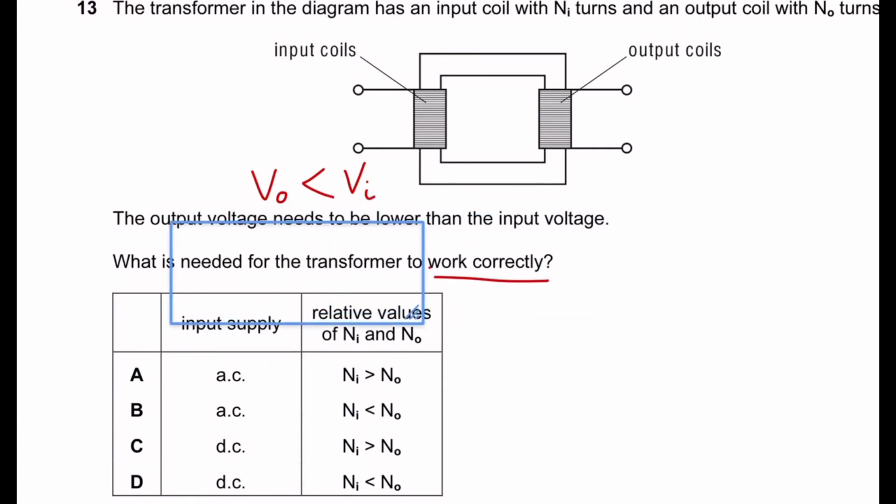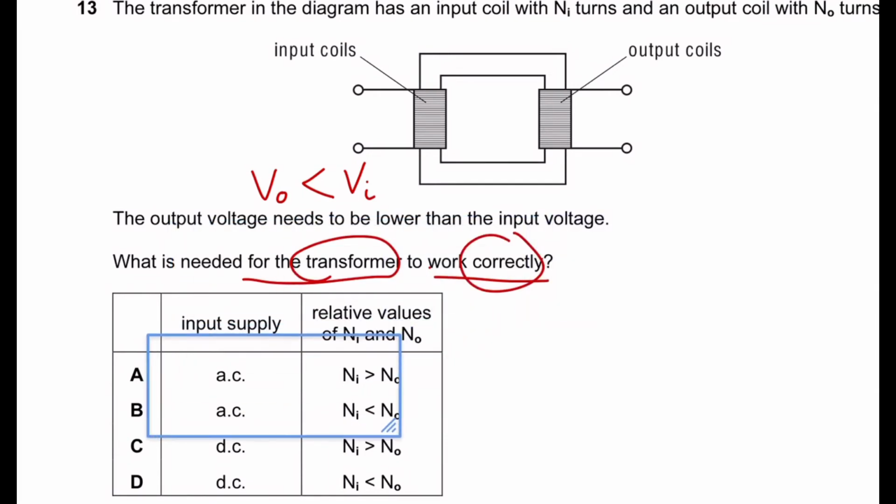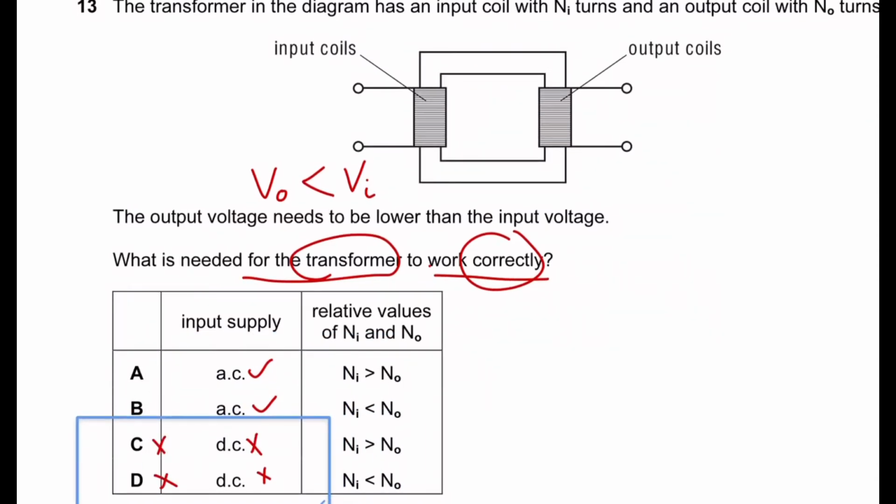First of all, for the transformer to work correctly, you need an AC, which is alternating current, not DC. So options C and D are out.